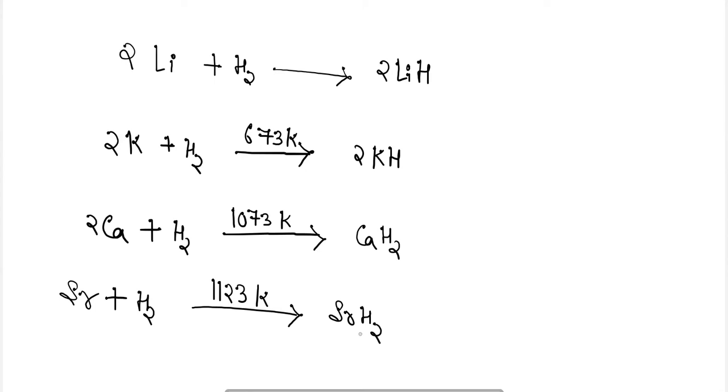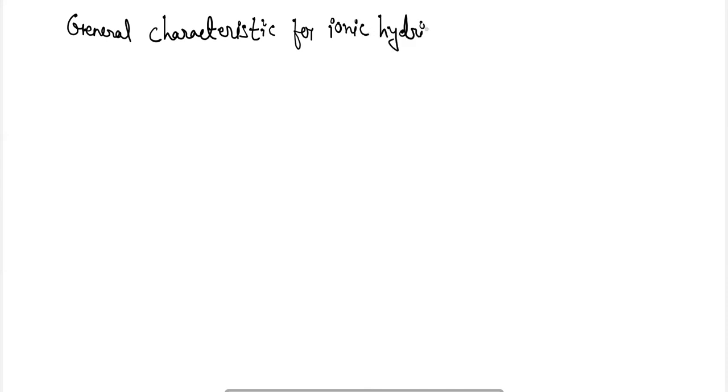Now the general characteristics for the ionic hydrides. First, ionic hydrides are generally white or light gray.